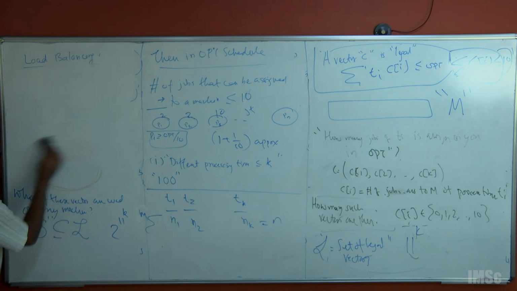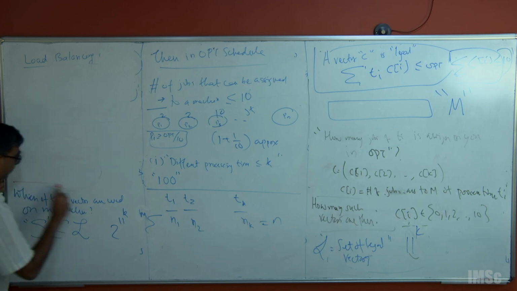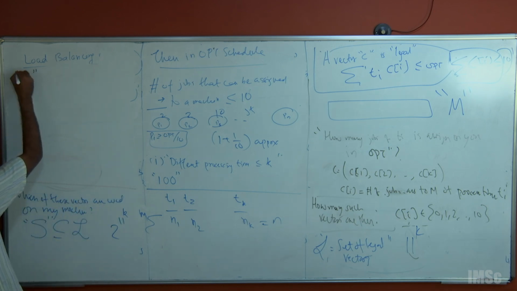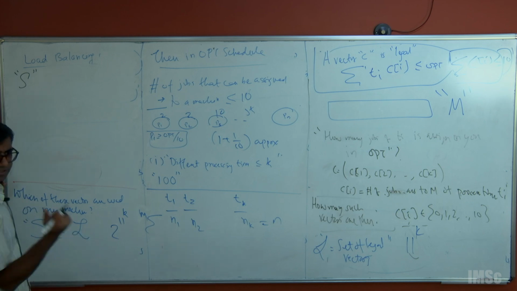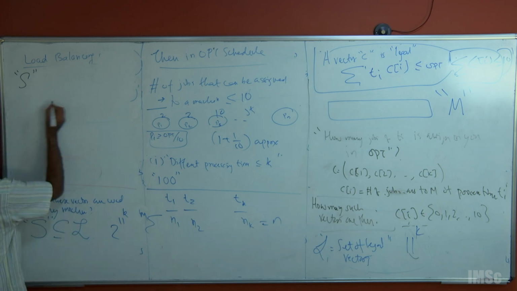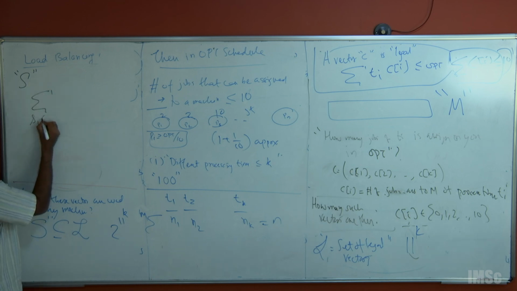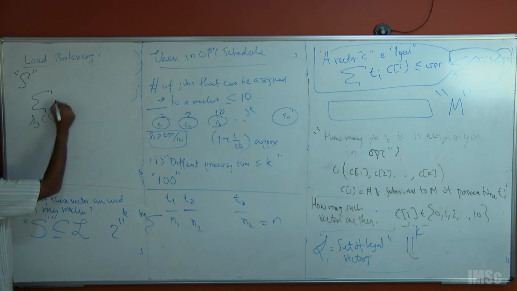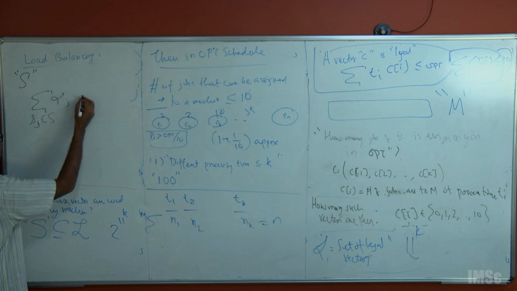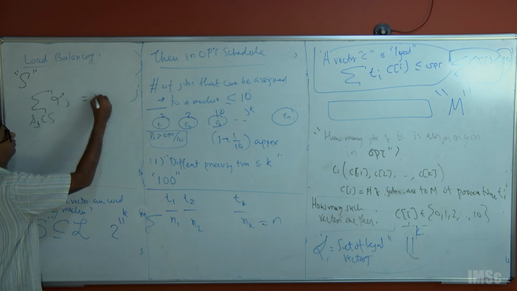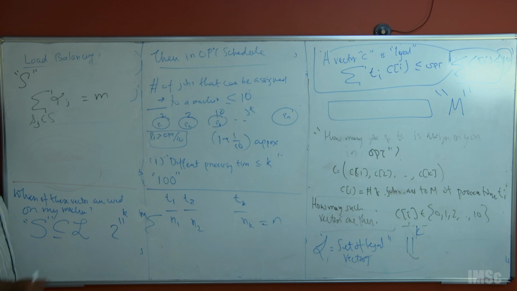Now I also told you that I gave you S. It has some set of vectors that are going to be used. I don't know how many times they are going to be used. So the sum over Sj in S of alpha j equals m.